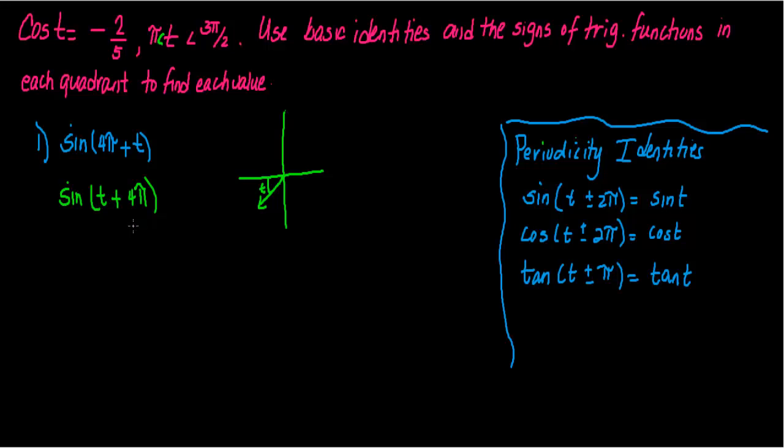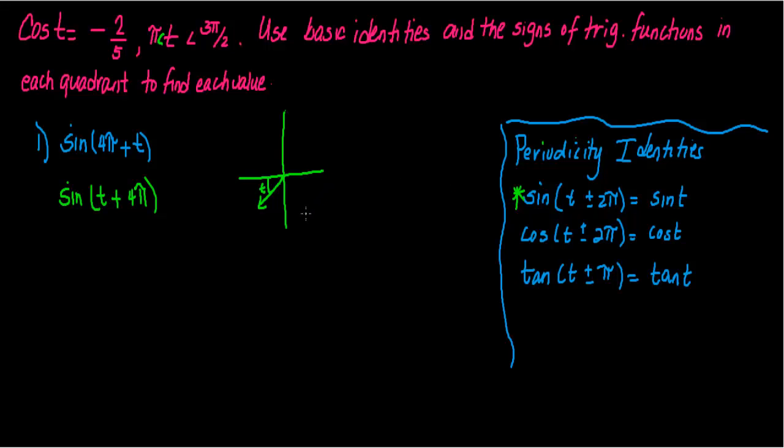Now that I've rearranged the order of this angle, I can compare it to this identity. It says that if I have t and I add or subtract 2 pi, and remember it can be 2 pi, 4 pi, 6 pi, 8, 10, any even number of pi, that will equal sine of t.